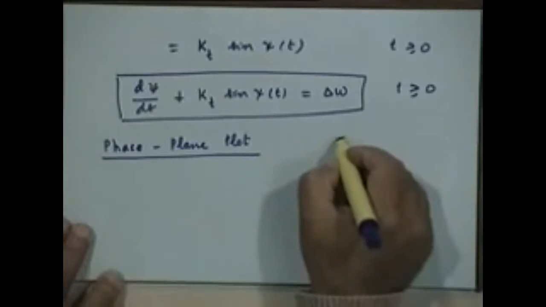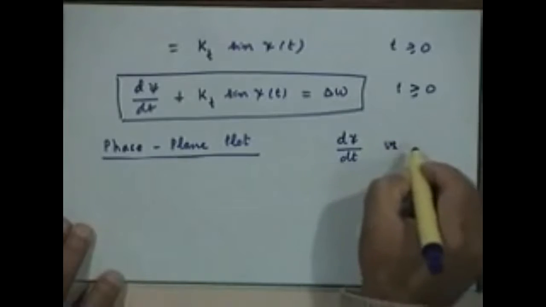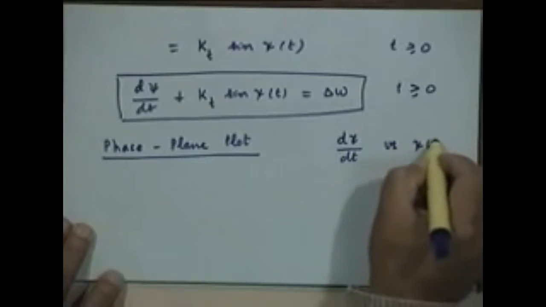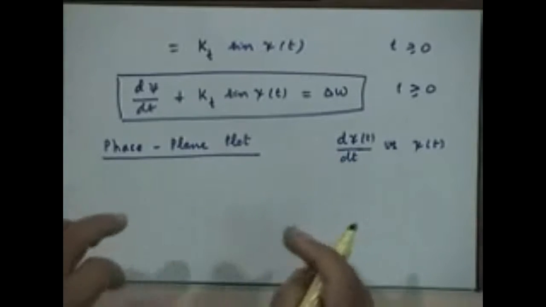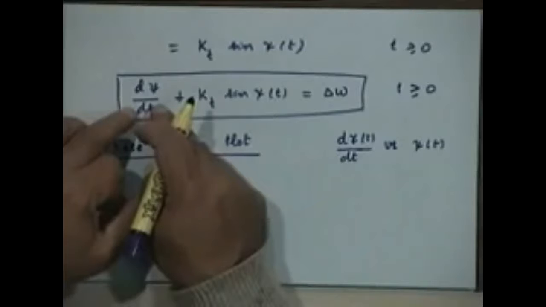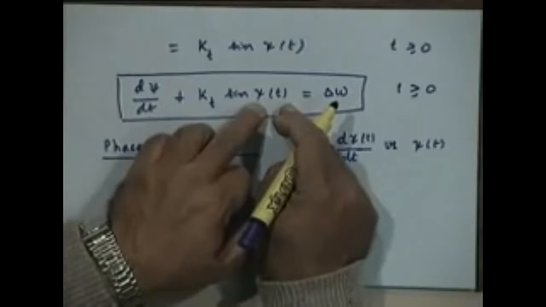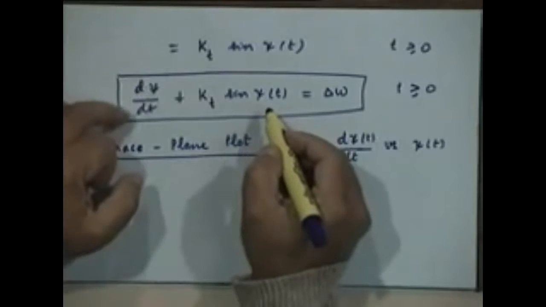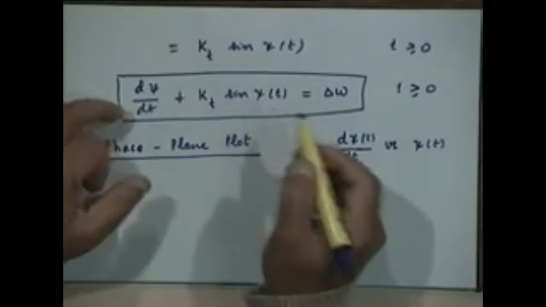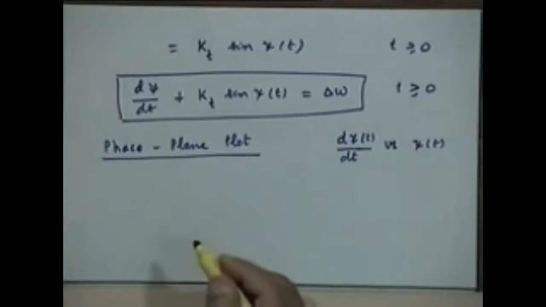The phase plane plot essentially is a plot of d psi by dt versus psi of t. That is, at any time instant, how is the derivative of the quantity related to the quantity itself. You plot this against this. Think of this as x and this as y and plot that. That is called a phase plane plot.